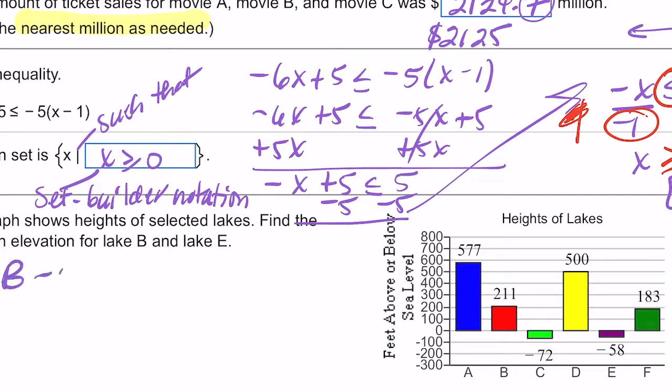So B minus E. So here B is 211 feet above sea level, minus E, which is negative 58. And remember, when you subtract, you change the sign. So really it's 211 plus 58, which is 269 feet.